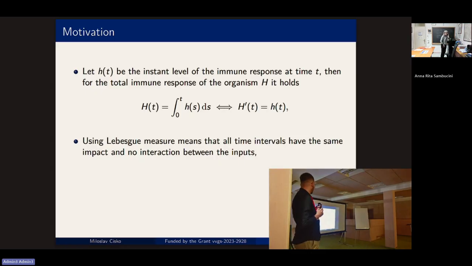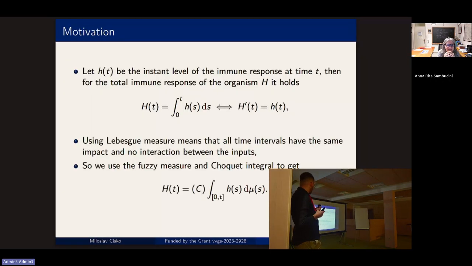It means that all time intervals have the same impact, and also there is no interaction between the inputs. Mainly in biological processes, this is not what we want, because clearly what happened in the most recent time should be more significant to the total response, and there should also be some interaction between the inputs, because maybe if you take some medicines, the combination of the medicines gives a better result.